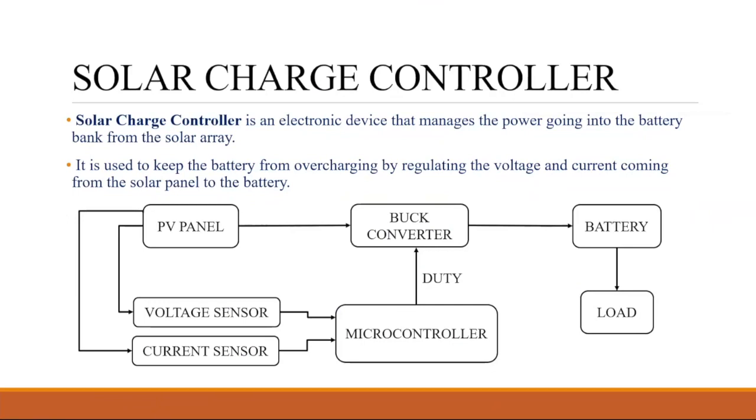Okay. So basically, this is a buck converter. And what is this? It's a MOSFET switch, a semiconductor switch. Now, as I mentioned, duty. What is a duty? It's a pulse signal. Let's suppose this is a square pulse.